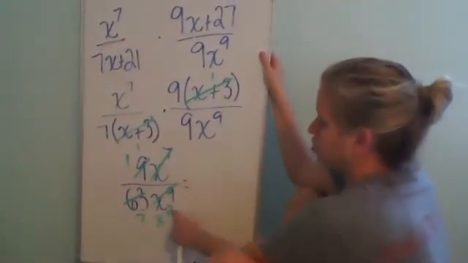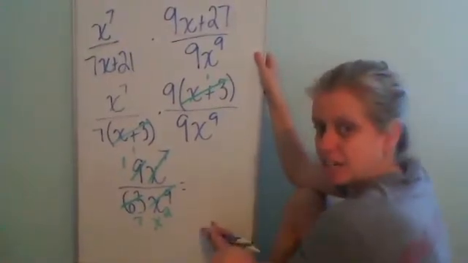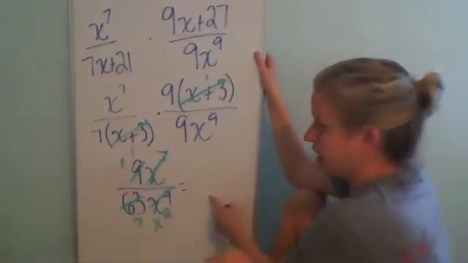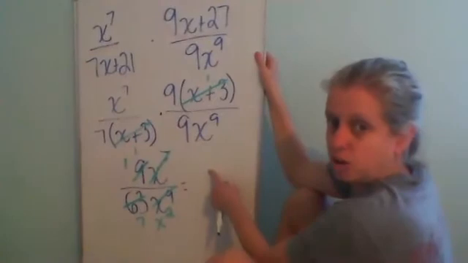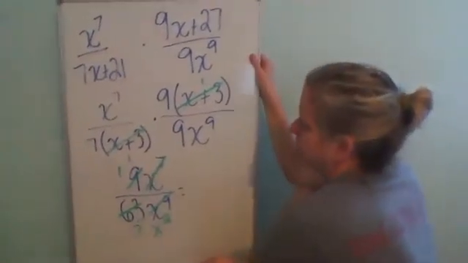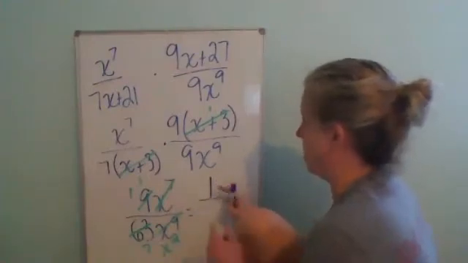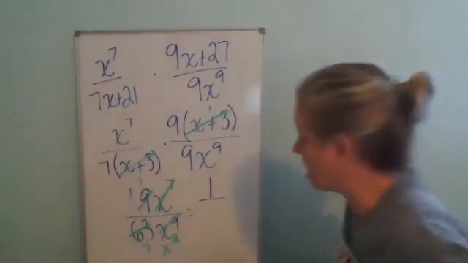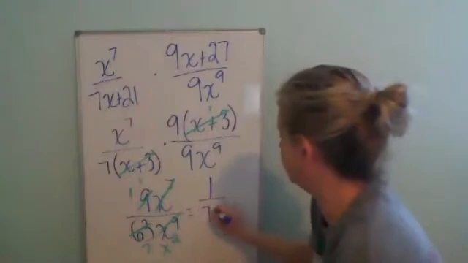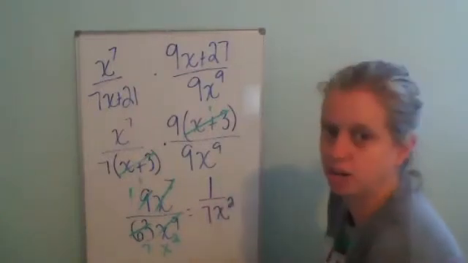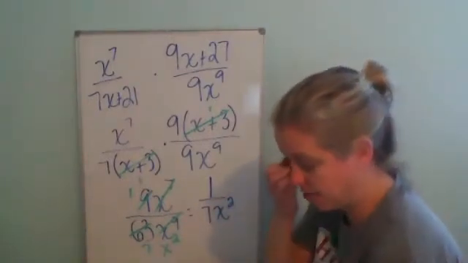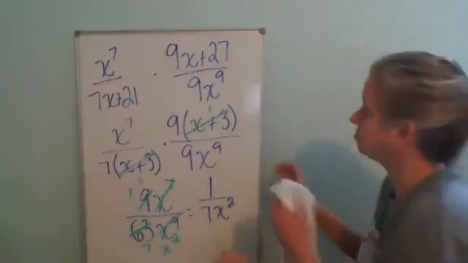My 7x squared is what's left, but it's in the denominator, which means you can't have a denominator without a numerator. Since everything canceled in the top, all that's left in that numerator is a 1, and you have to have it since it's the top. In the bottom, I'm left with 7x squared. So 1 over 7x squared.